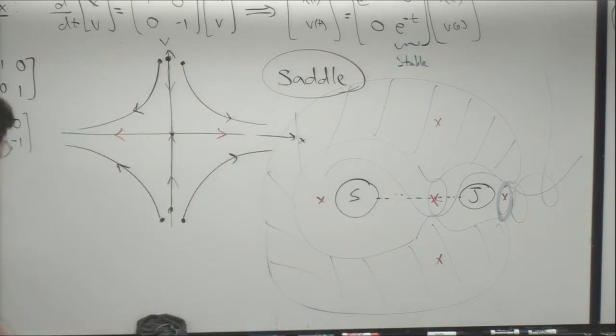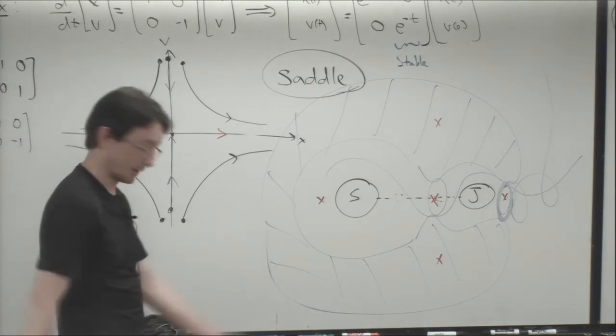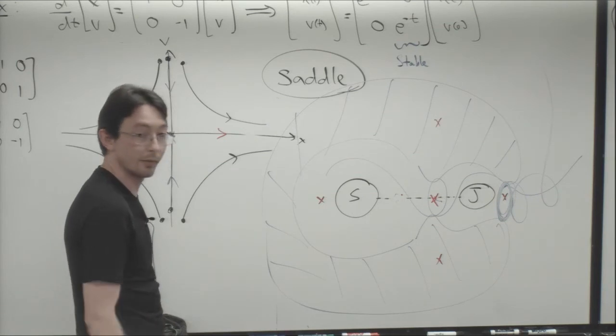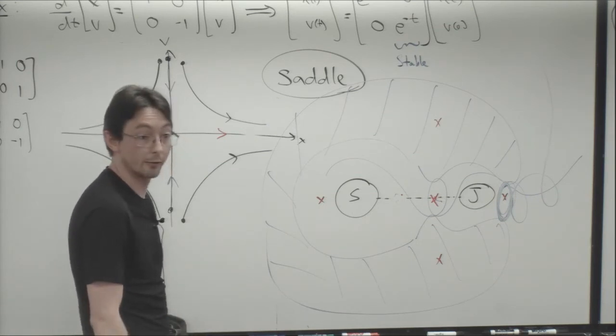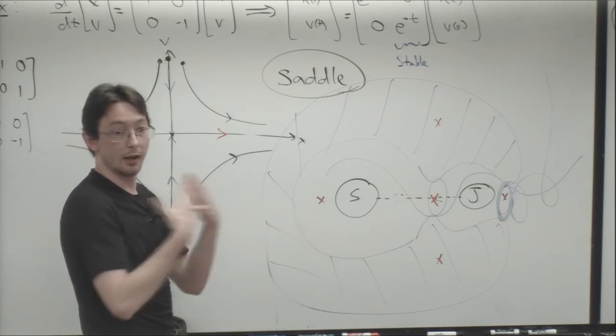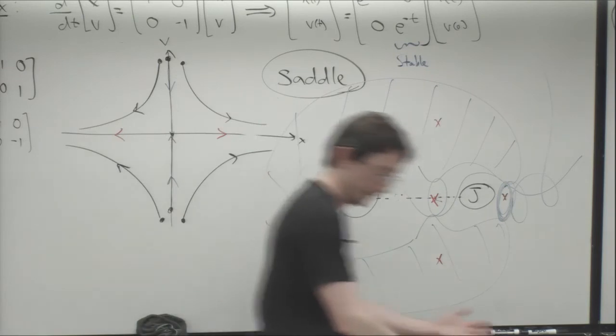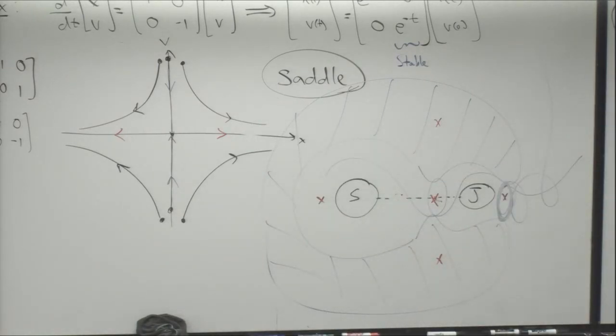A person walking is a saddle point. My arms are stable. If I just start my arms and let them go, they damp out and stay in the vicinity of where they started. They're stable. But my whole torso and body is an unstable direction, right? I'm an inverted, unstable pendulum. So if I go a little bit this way, I have to keep going that way.